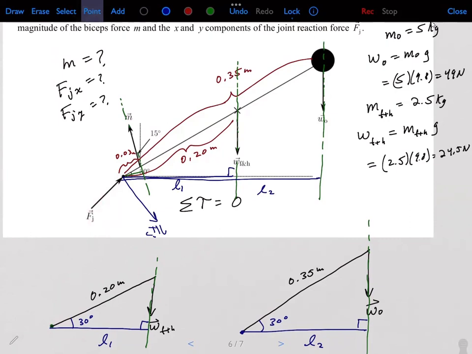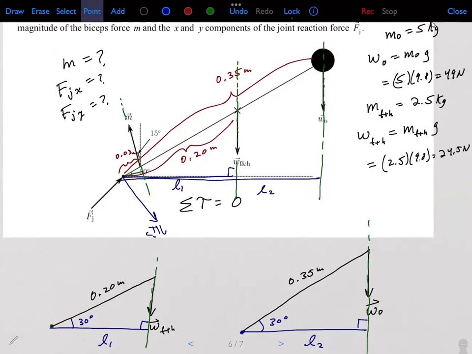All right, again, quite a bit to do there, but this, again, was nothing more ultimately than, because we're performing an isometric contraction, the forearm and hand is in rotational equilibrium, so the sum of the torques equals 0. And then, because it's also in static or translational equilibrium, that means the sum of the forces are also 0, right? The sum of the forces in X is 0, the sum of the forces in Y is 0.